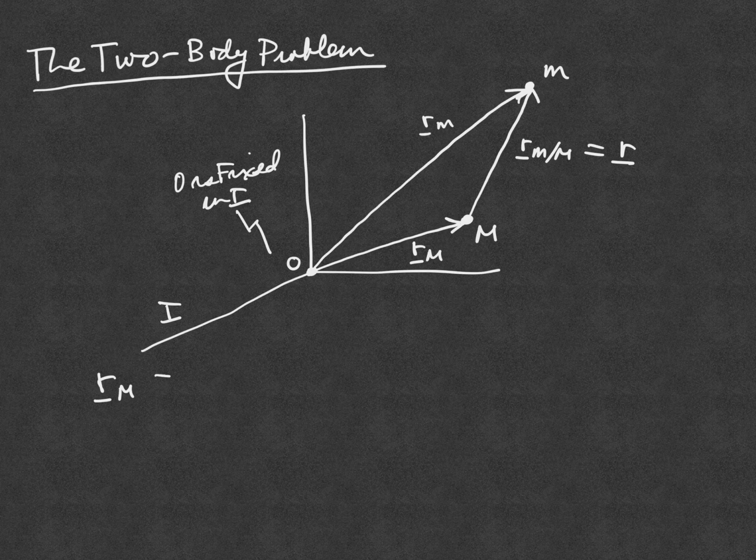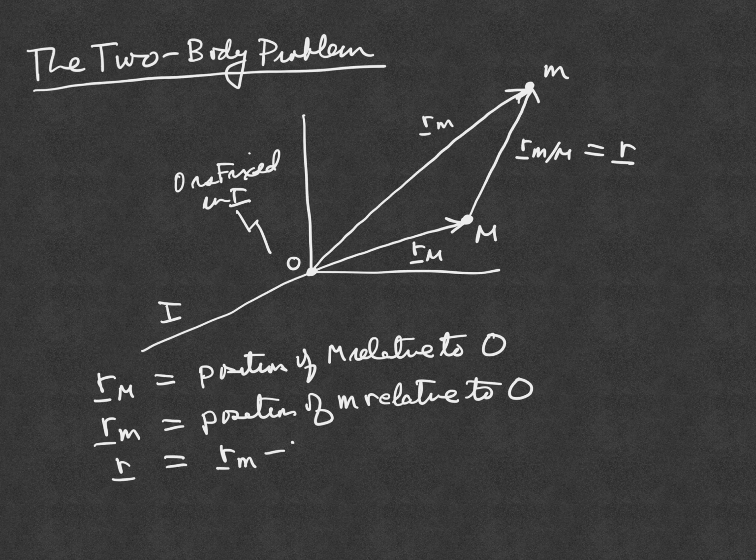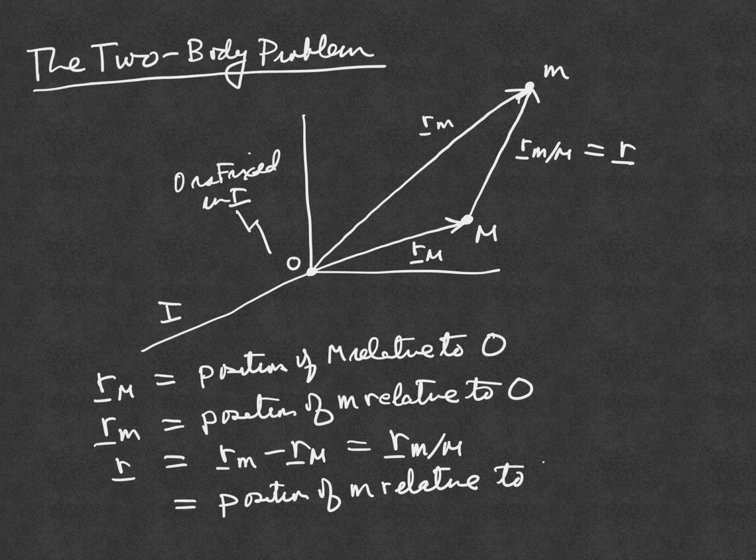R big M is equal to the position of big M relative to O. And R little m is equal to the position of little m relative to O. And finally, R will be defined as R little m minus R big M, which is also equal to the position of little m relative to big M, and that's the relative position.